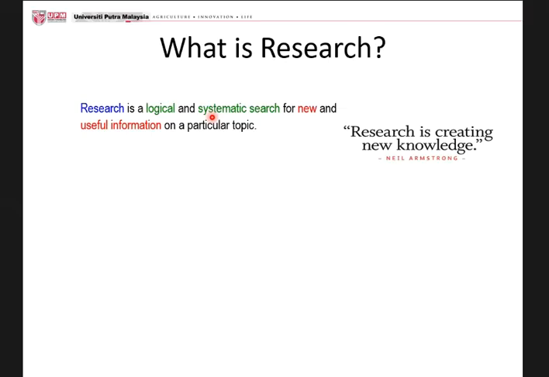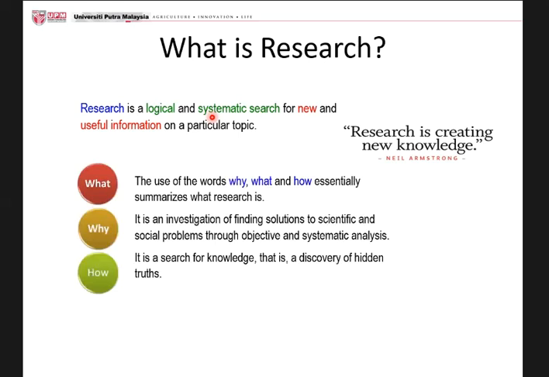You start with the problem and go to the other steps step by step. Then you don't just jump to the method. And then for new and useful information on a particular topic, this is another problem. As a student, you come to the faculty, you want to do postgraduate study, and you don't have any idea what you want to do.